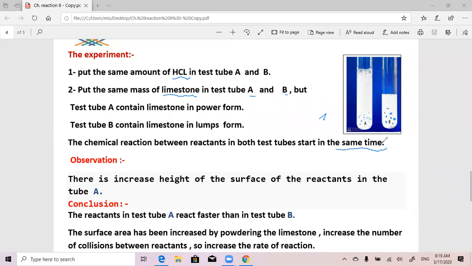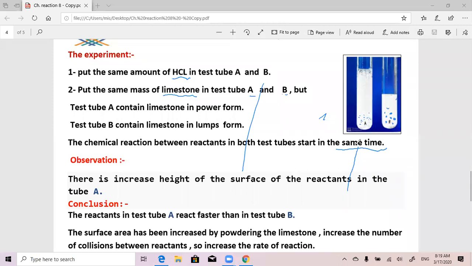Observation: what will we see? There is an increase in the surface area of the reactant in test tube A compared to the reactant in test tube B. Conclusion: what is the explanation of what we saw? Focus with me.